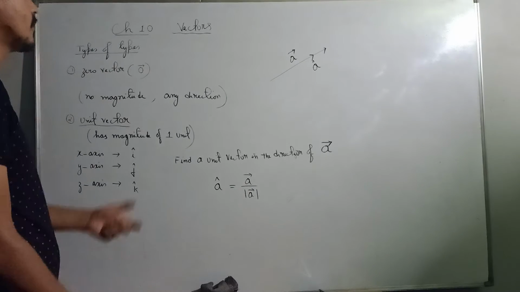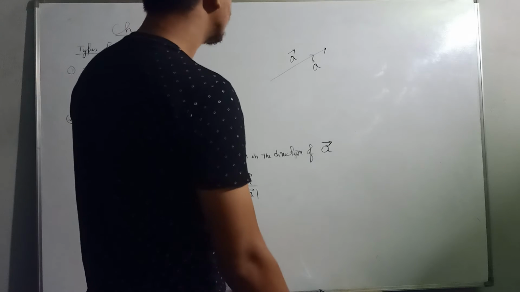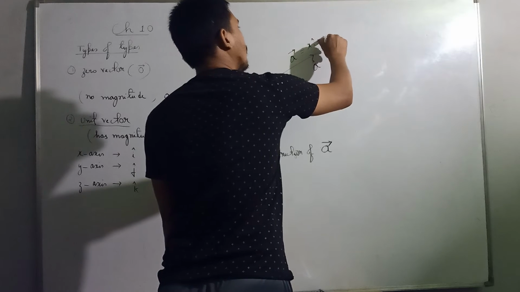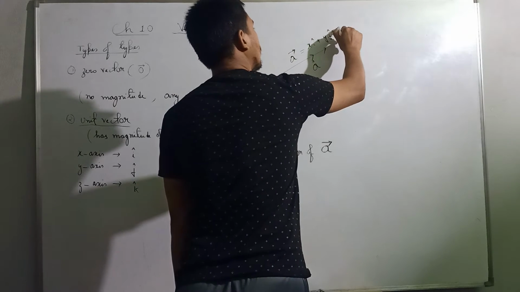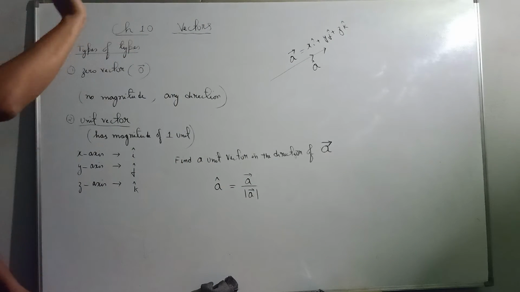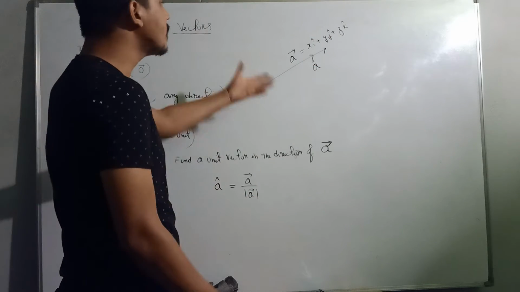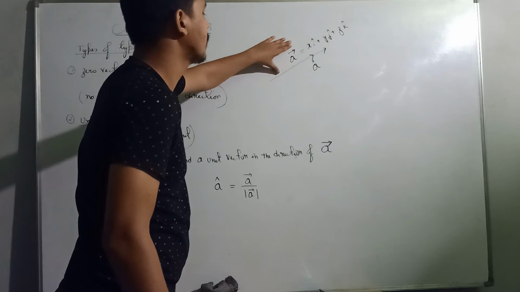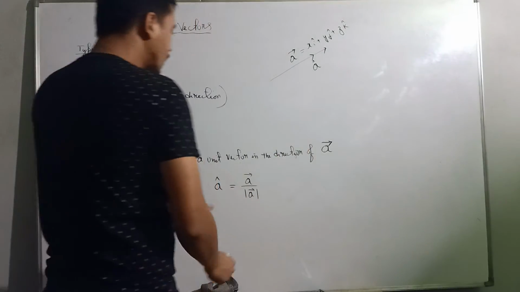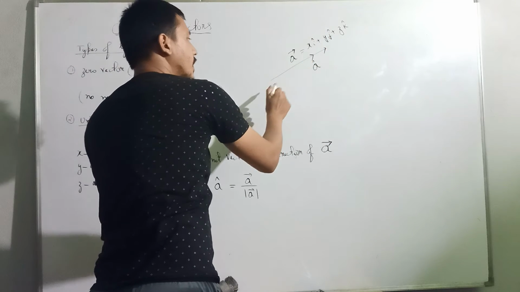Let me show you how to find the magnitude of a vector. You already know, but this is just an introduction class. Suppose your vector A is x i cap plus y j cap plus z k cap. This is how it is directed, and I want to find the unit vector which represents its direction.